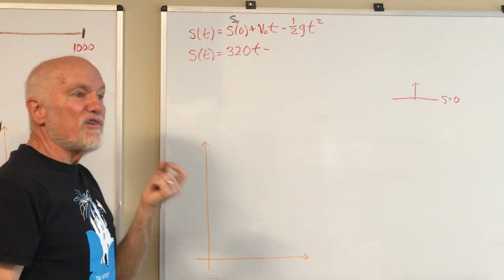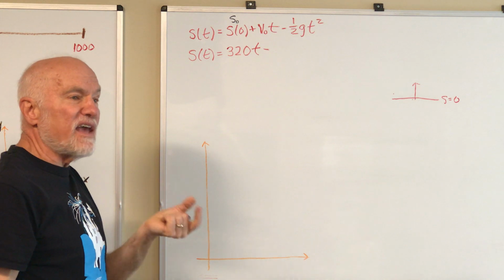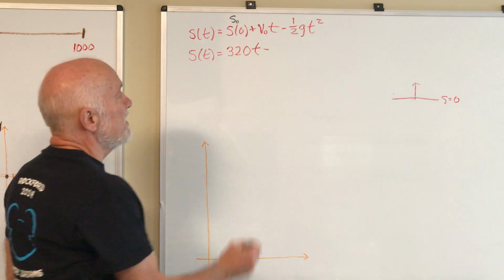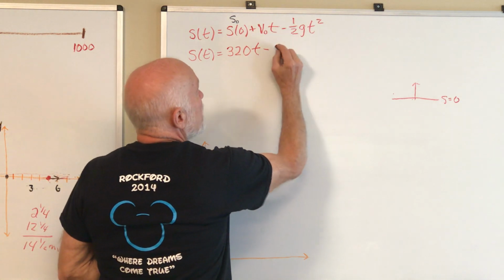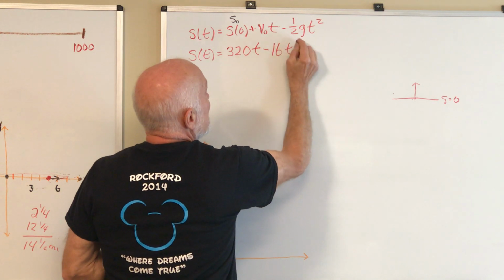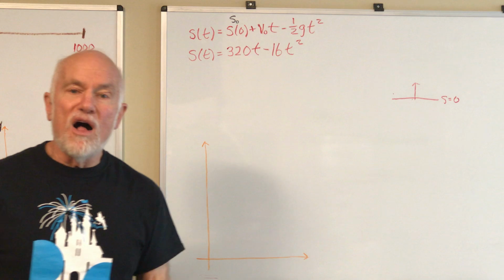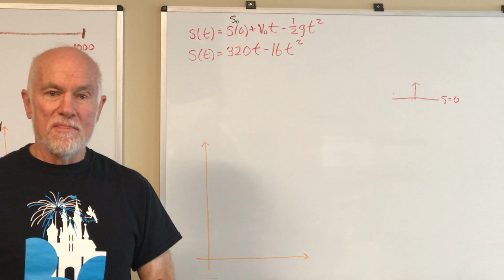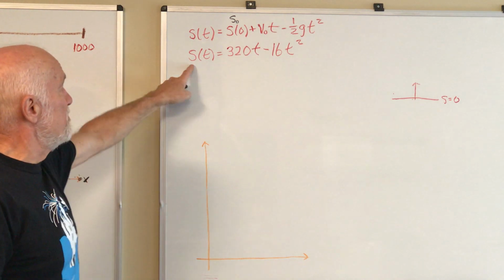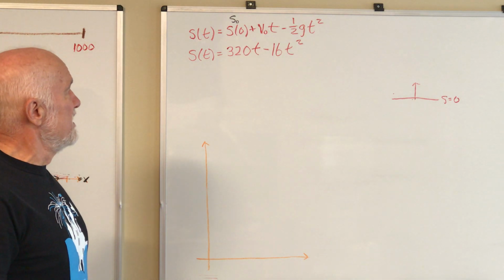Gravity slows down your velocity by 32 feet per second every second. So this would become 1/2 of 32, or 16t squared, and we have a position equation for the ball once I kick it, where t is time and s is the position above the ground.